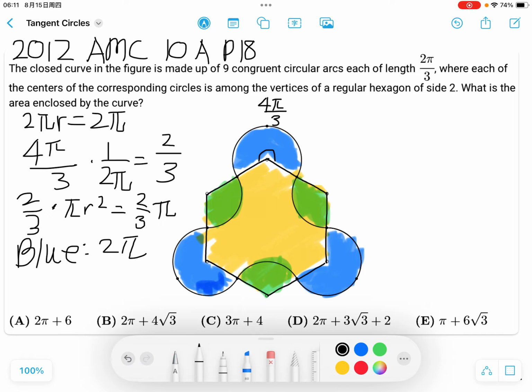What about the area of the hexagon? We can split that into a few parts. Okay, so one part is this.